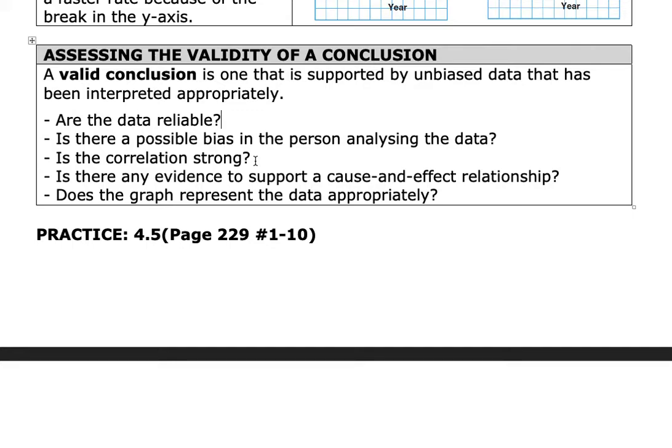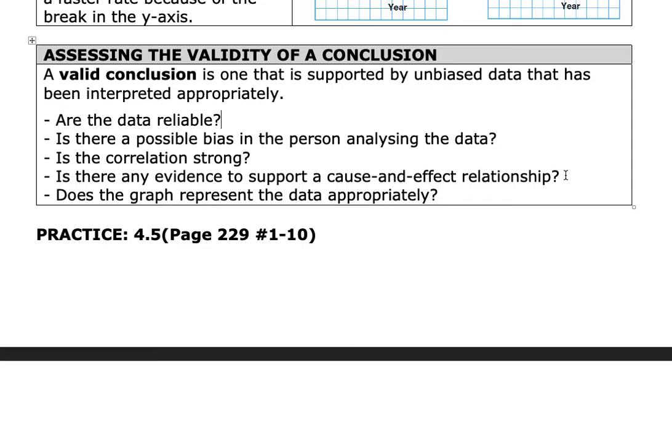It's more likely to be true. Is there any evidence to support a cause and effect relationship? So this is where being an expert in the topic might help you identify external factors that could also be contributing to each of these variables in a correlational study.